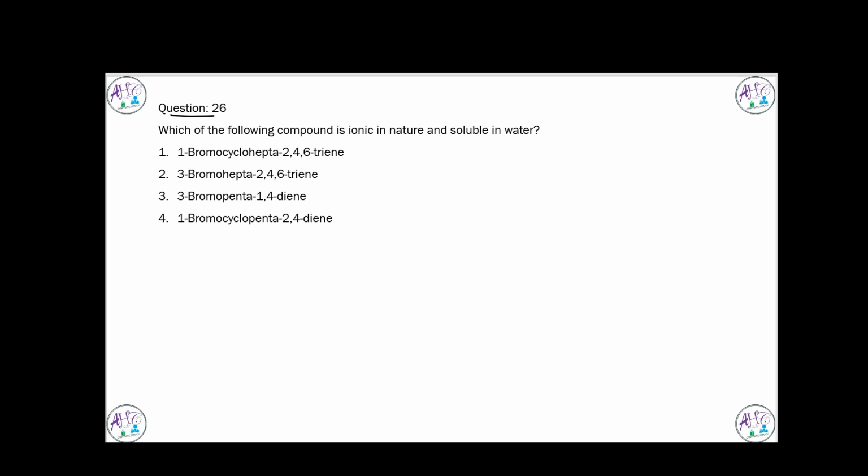Which of the following compounds is ionic in nature and soluble in water? So what are the options they have given? They have given 1-bromo-cyclohepta-2,4,6-triene. Let's draw the structure. We have a cycloheptatriene, which is a 7-membered ring: 1, 2, 3, 4, 5, 6, 7.